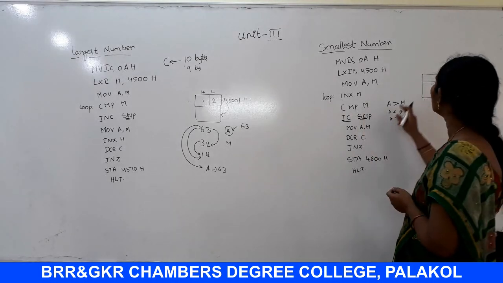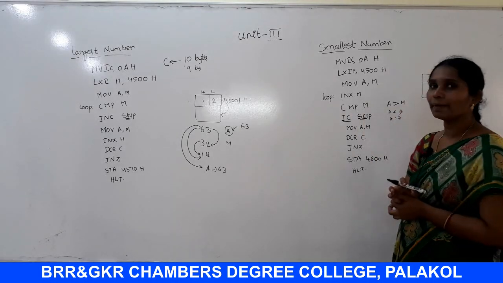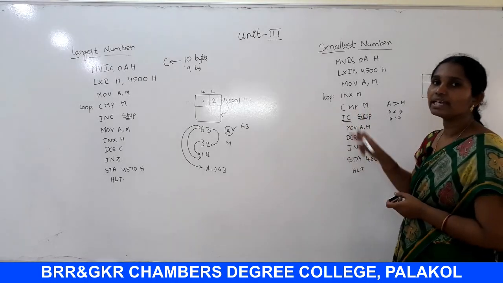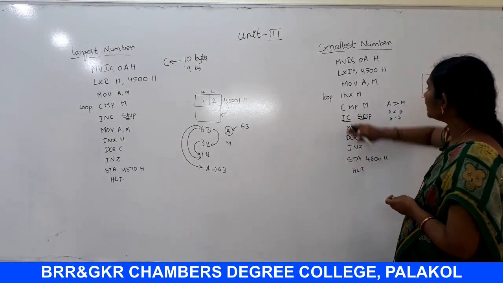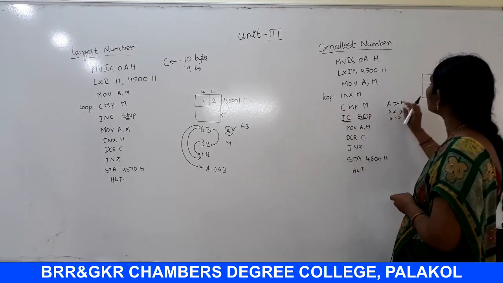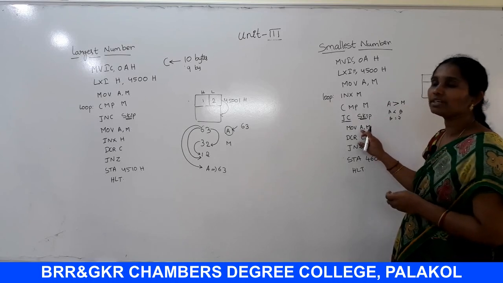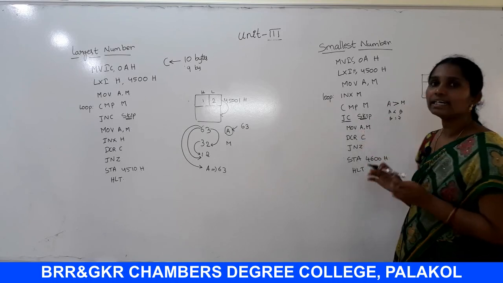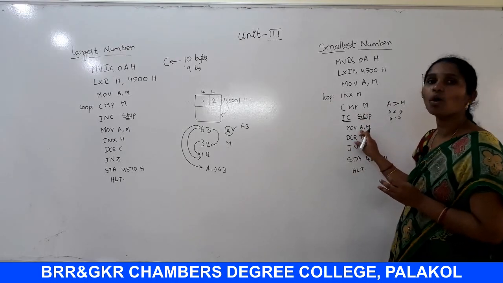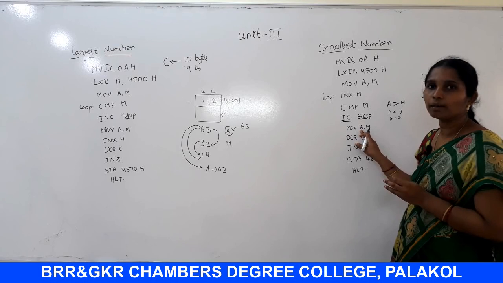When it performs the comparison with memory, jump carry: if any carry is generated, it will skip this instruction, and the data in this memory location is copied to the accumulator.